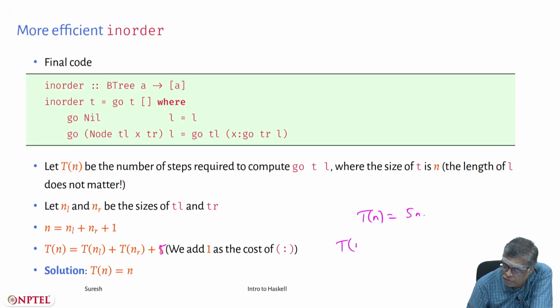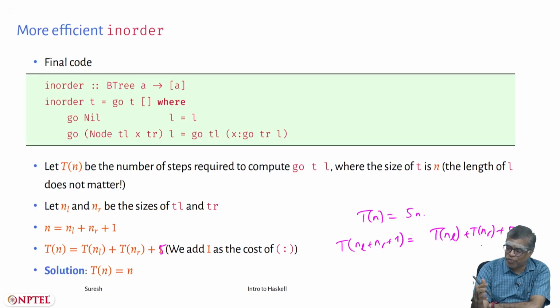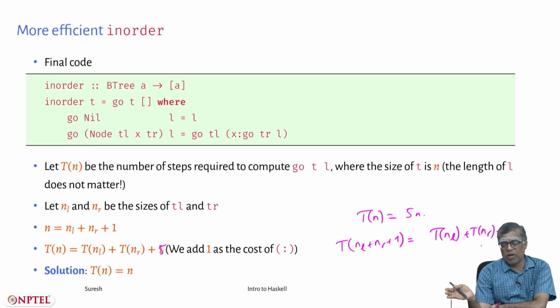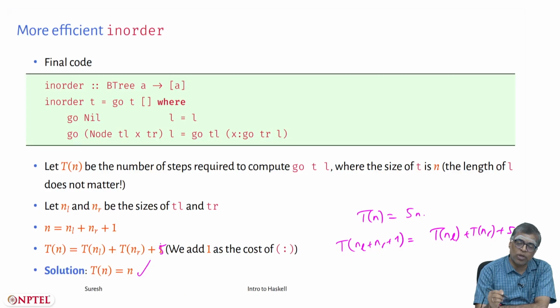You are saying T of NL plus NR plus 1 is T of NL plus T of NR plus 5, and now this really means, if you keep on expanding, that your original size of the tree is n, and the amount of time you take is 5n. So this is linear actually. It's so much better compared to order n squared.